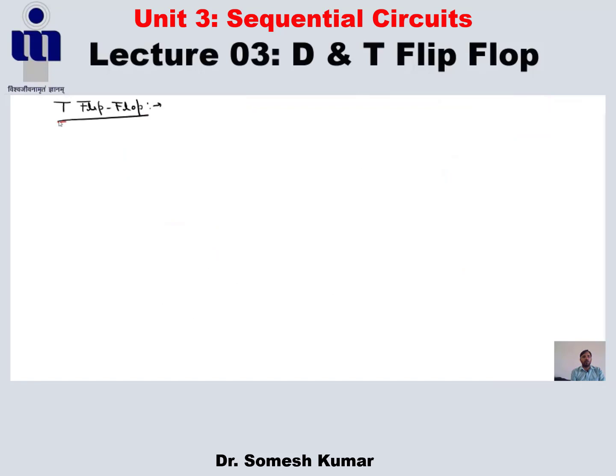Next is our T flip-flop. The T flip-flop is also called the toggle flip-flop. As the name says, toggle flip-flop means its output toggles. You know, in the JK flip-flop, only when both inputs are 1 1 does our output toggle in each clock, meaning our next output, Qn plus 1, is the inverse of the previous output.